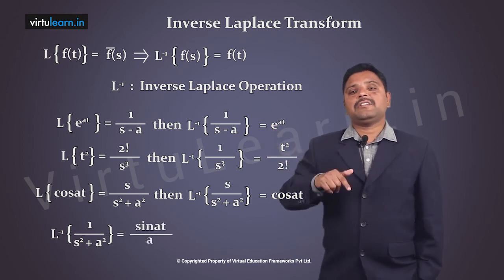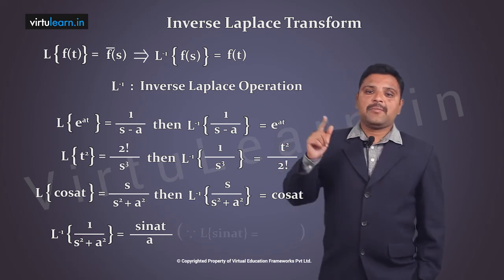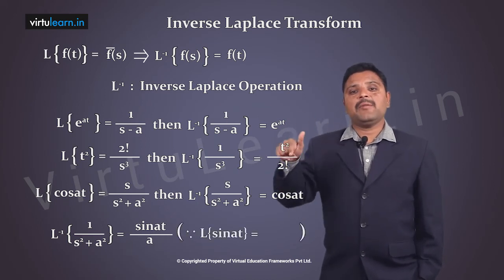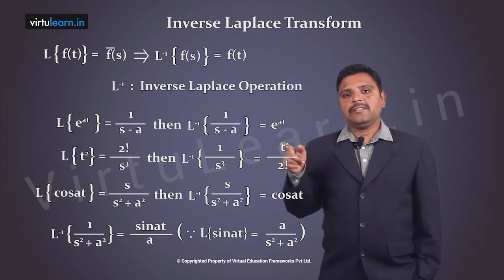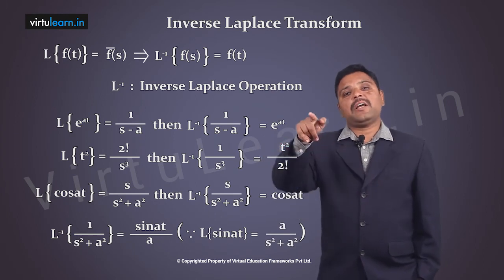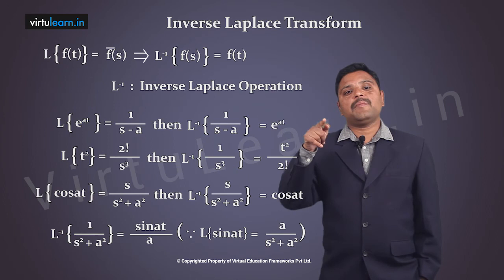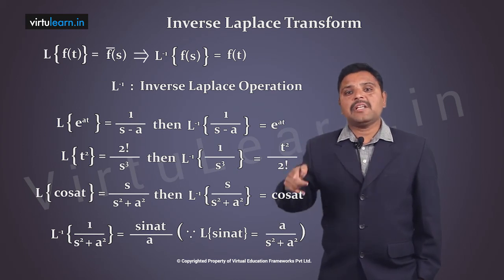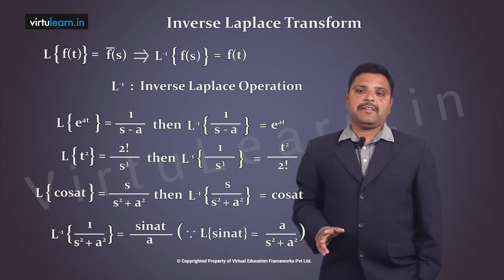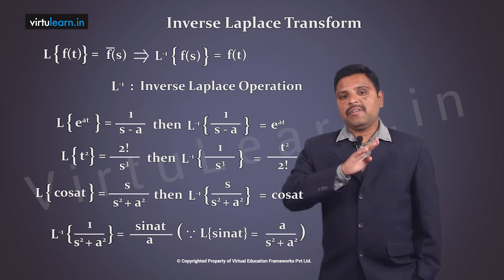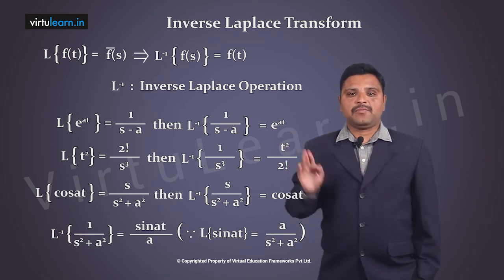Actually the Laplace transform of sin at is a by s square plus a square, so a is missing here. L inverse of 1 by s square plus a square means the answer is sin at by a. Like this we can apply the inverse Laplace transform.